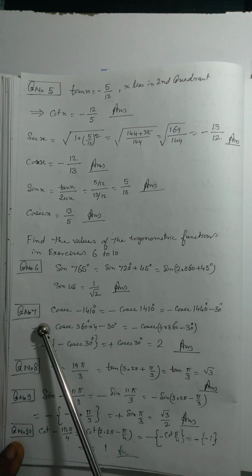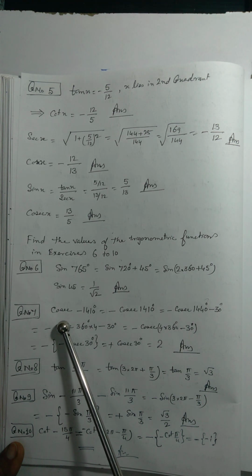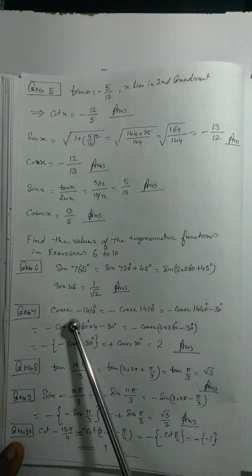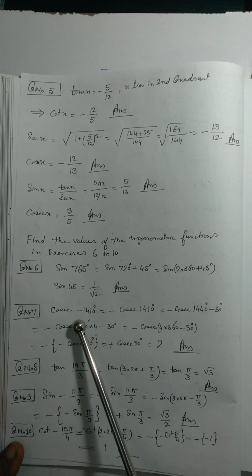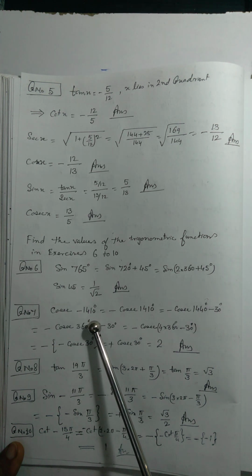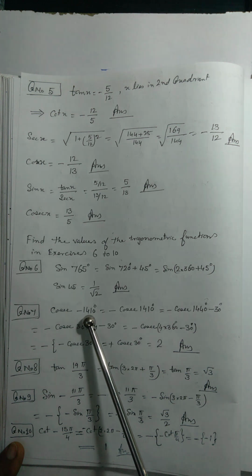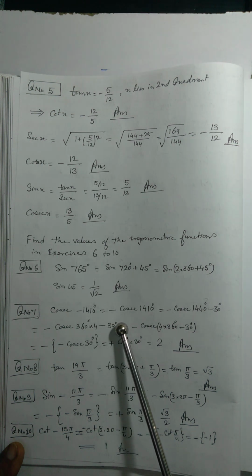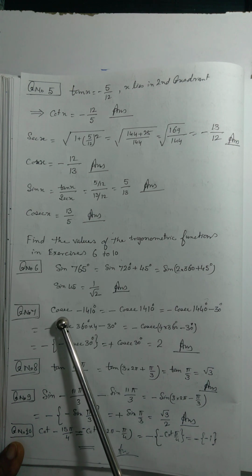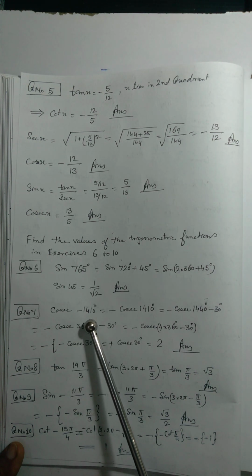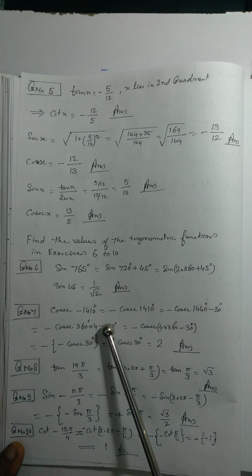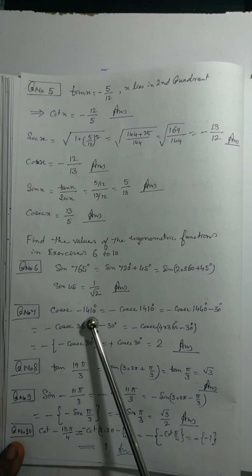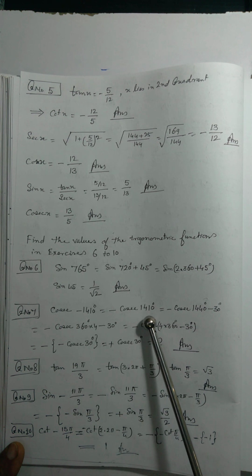Now come to the question number 7. Cosec minus 1410 degree. अब हम we can write it like this, minus cosec 1410 degree, since cosec minus theta is equal to minus cosec theta.